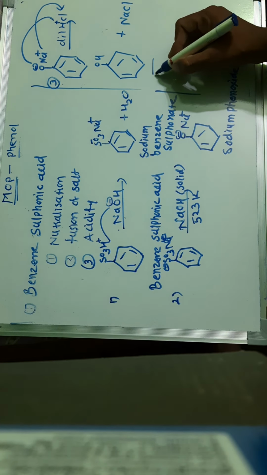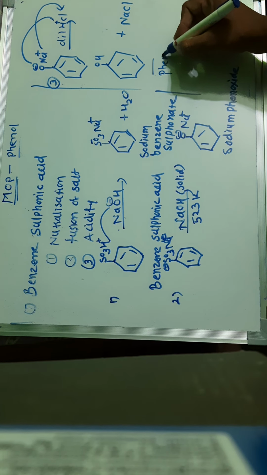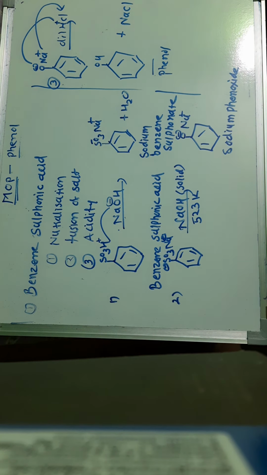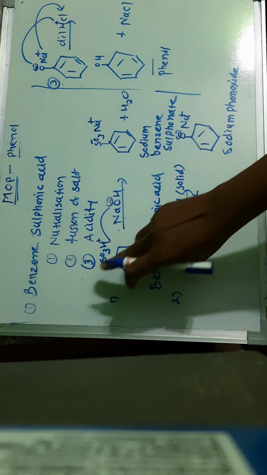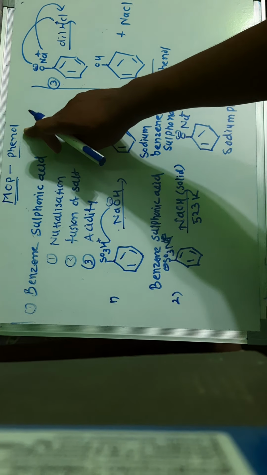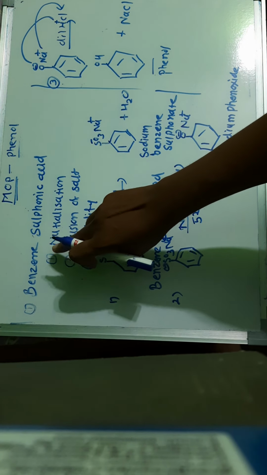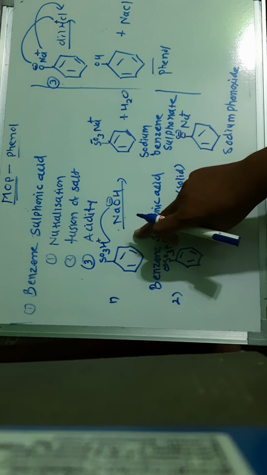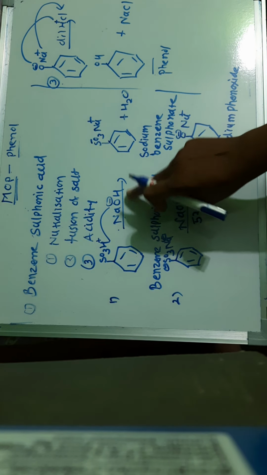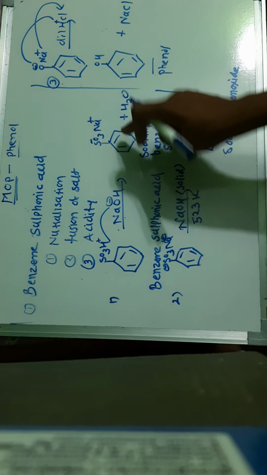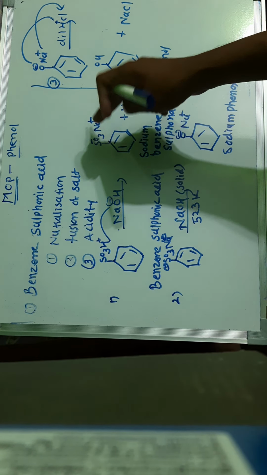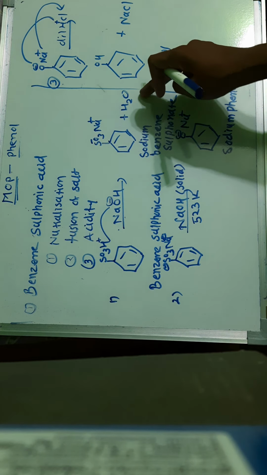In this way we can easily prepare phenol. Again, see how this reaction is carried out. This is the method of preparation of phenol by using benzene sulfonic acid. This is a 3-step reaction. First step, neutralization of benzene sulfonic acid by using the base NaOH. Acid and base give the salt and water, that is sodium benzene sulfonate salt plus water.